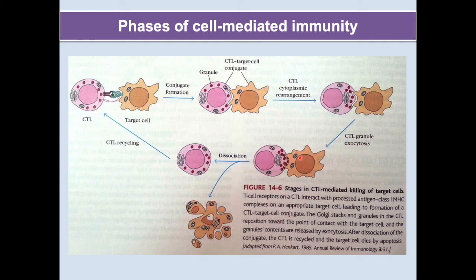Once inside the target cell, the target cell will undergo apoptosis. And with dissociation, after it has triggered the target cell to undergo apoptosis, it will dissociate and the CTL will be recycled back. The whole mechanism will be repeated again on other target cells.